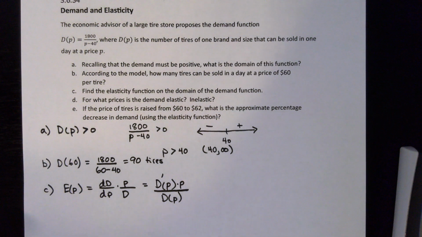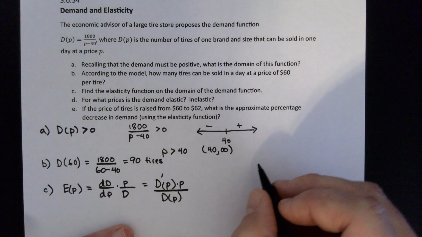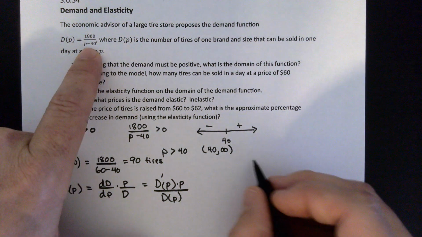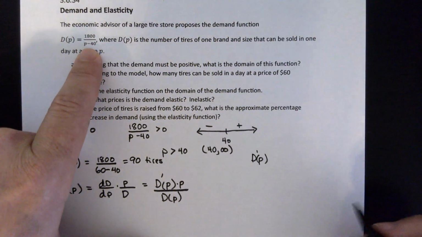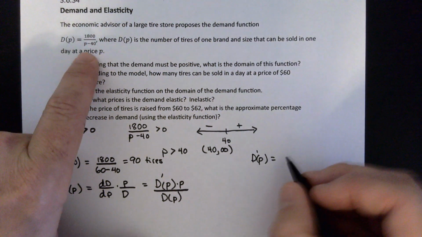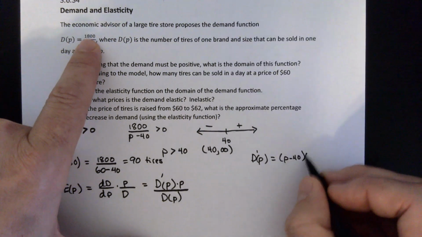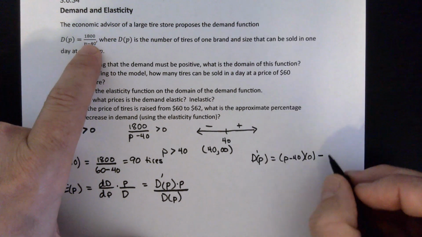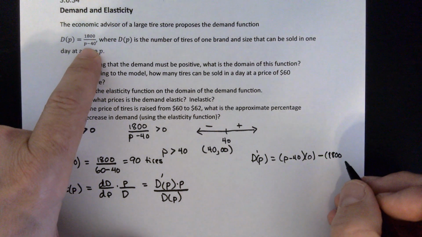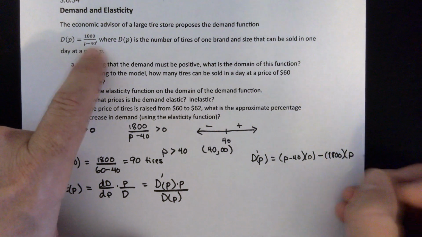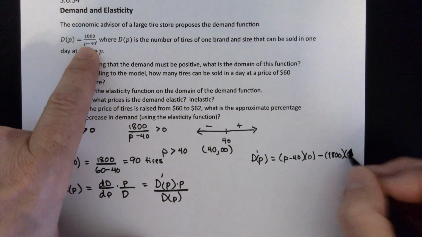Let's figure out the derivative of the demand function, D prime of P. We'll do the quotient rule here. It's the low one, P minus 40, times the derivative of the top, and the derivative of 1800 is 0, minus the 1800 times the derivative of the bottom, which is just a 1, since the derivative of negative 40 goes away and the derivative of P is 1.